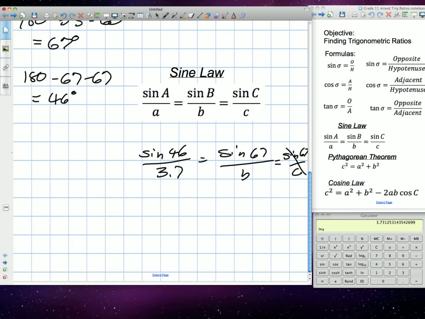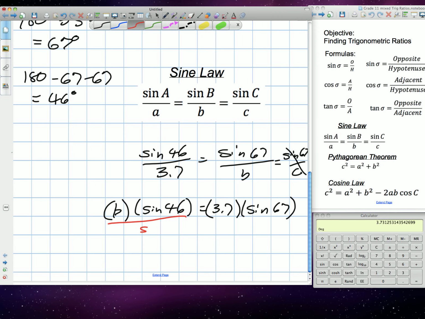We're going to cross multiply, so I get B times sine 46 is equal to 3.7 times sine 67. And I need to get B by itself. So we're going to divide both sides of this equation by sine 46.